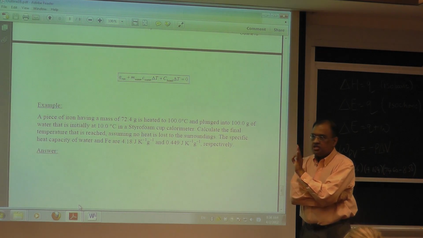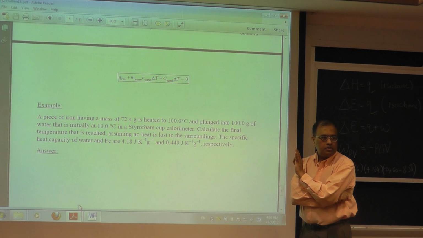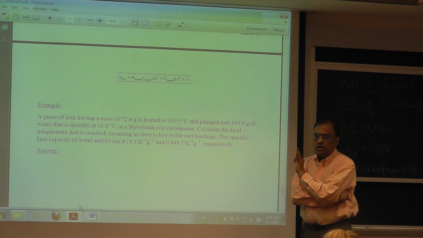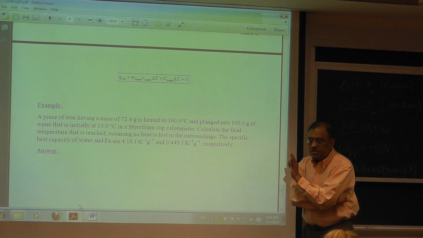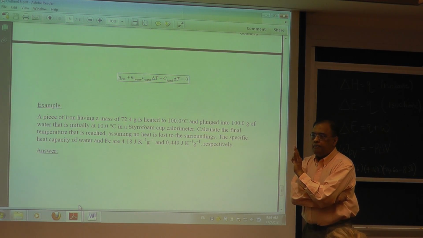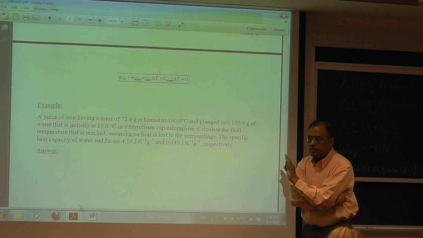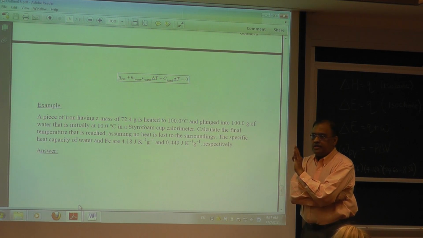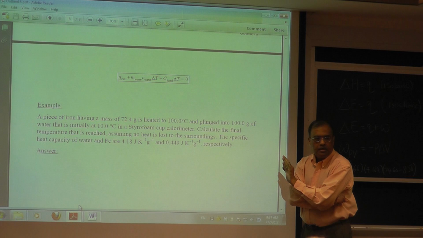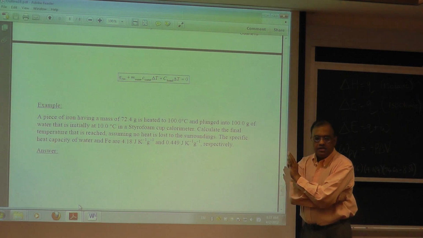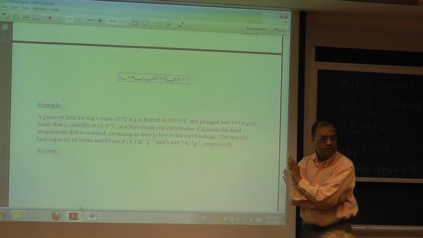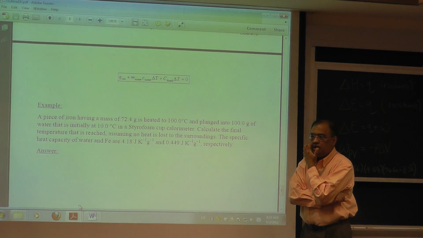So what is Q reaction in this particular case? Change the temperature of the iron. It's the heat lost by the iron. Okay, the heat lost by the iron plus the heat gained by the water must equal 0.